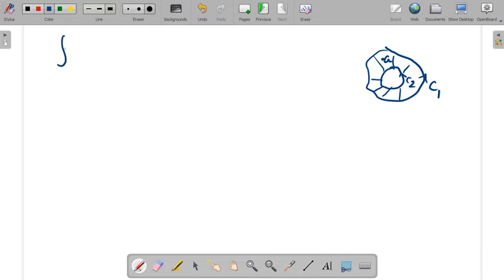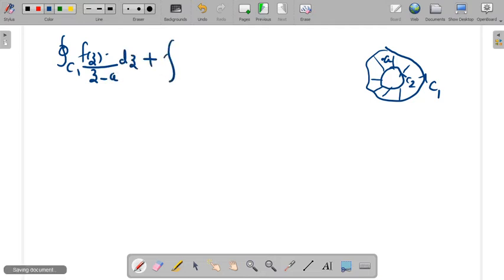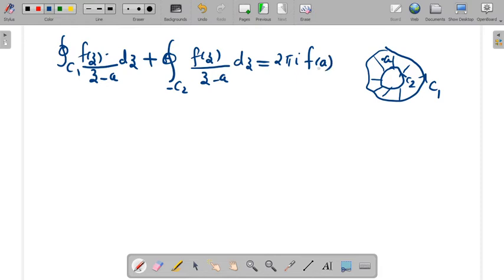Then we can write integral over C1 f(z)/(z minus a) dz plus integral over minus C2 f(z)/(z minus a) dz will be equal to 2 pi i into f of a. So remember, we take one curve in clockwise direction, the other curve in anti-clockwise direction. The integral will be equal to 2 pi i into f of a.